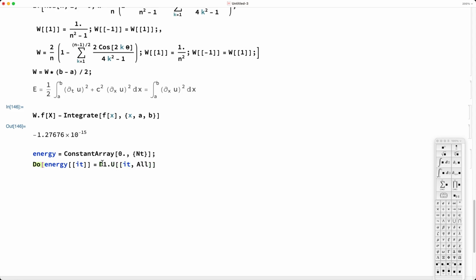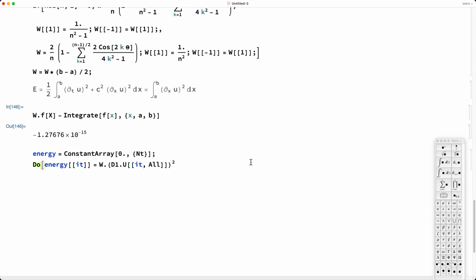And then by dotting this onto the differentiation matrix, I'm calculating this derivative. And then I want to square that. And this integral over dx is represented by this quadrature formula. So that numerical integration amounts to dotting the weights onto this integrand. So I'm going to take this function that I'm integrating and simply dot it onto w.